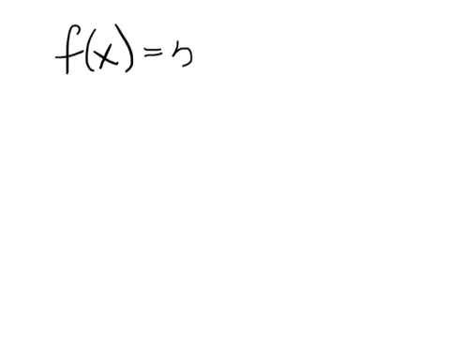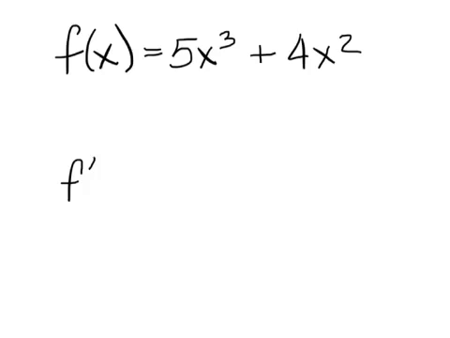Another practice problem. F of x equals 5x to the third plus 4x squared. And we want to evaluate the derivative for, actually I have to get rid of the x and put a real number in there. We want to evaluate for 2.